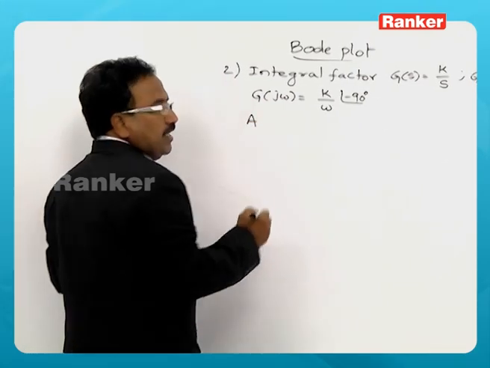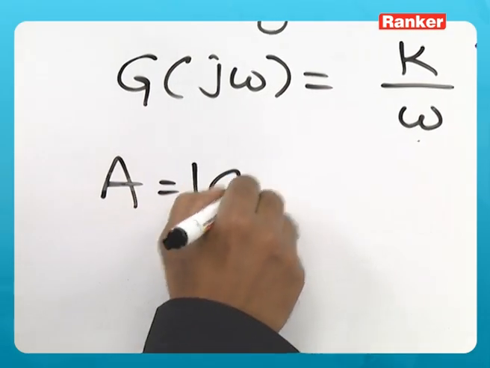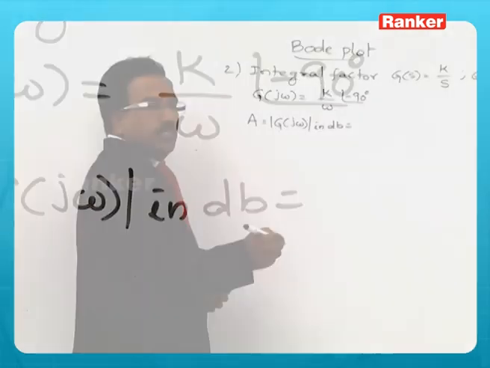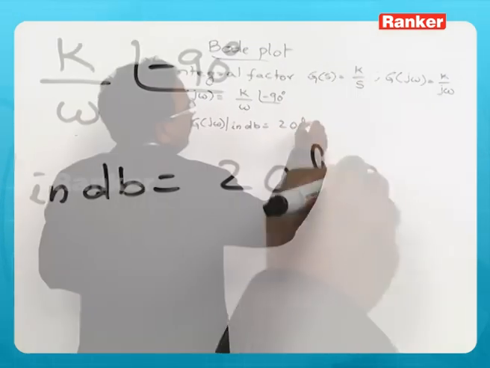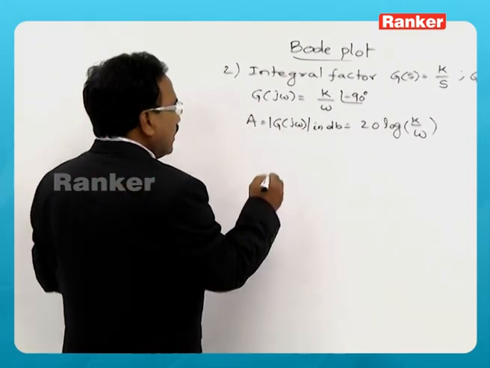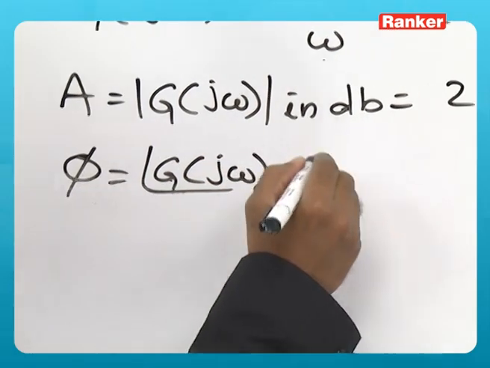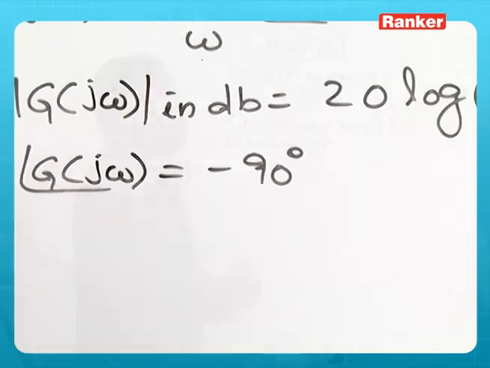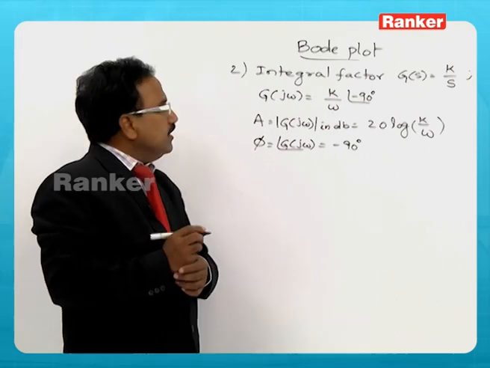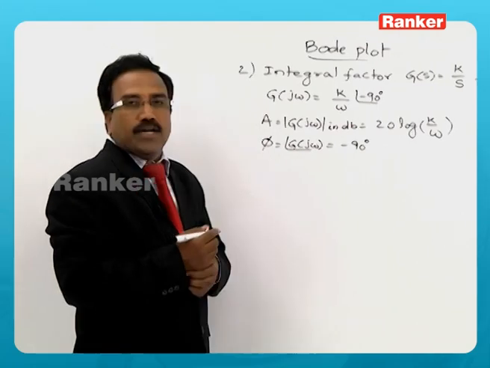So, I want to have the magnitude A in decibels, so I need to apply 20 log. So, 20 log K by ω is the magnitude term, whereas the phase angle is represented as minus 90 degrees. You can see that the phase angle term is a fixed value, minus 90 degrees, and no ω appears in the phase angle for the integral factor.